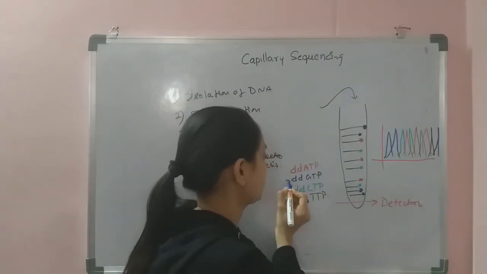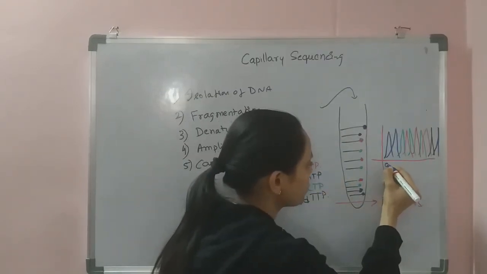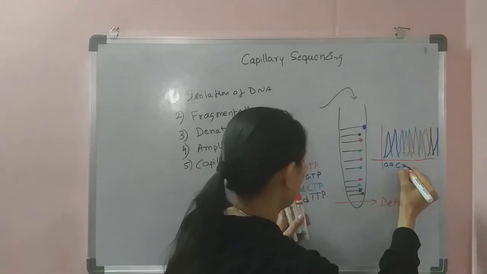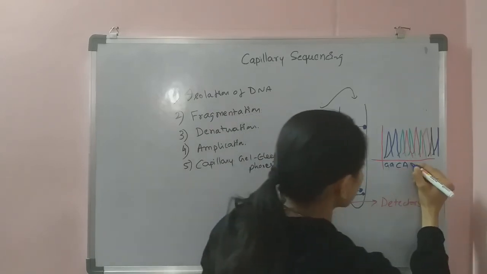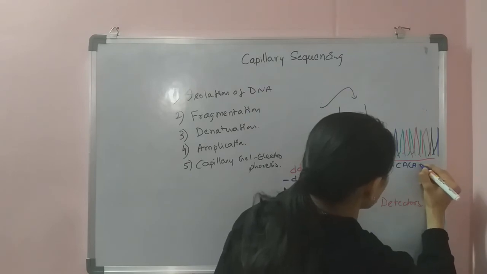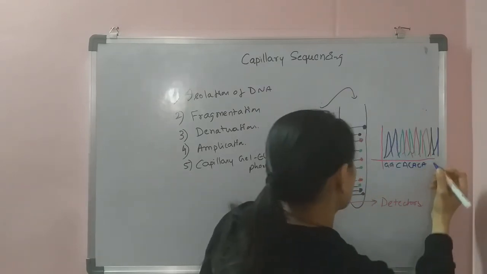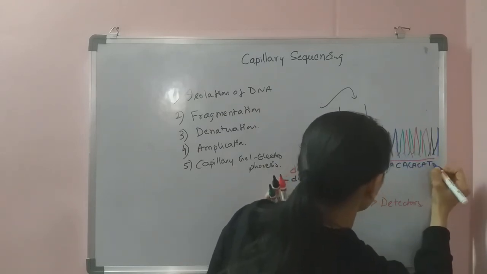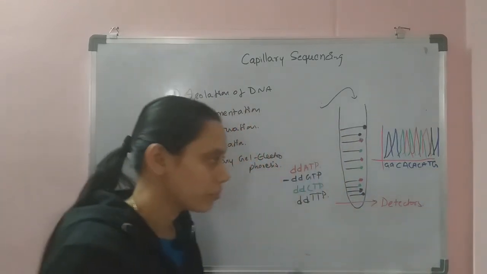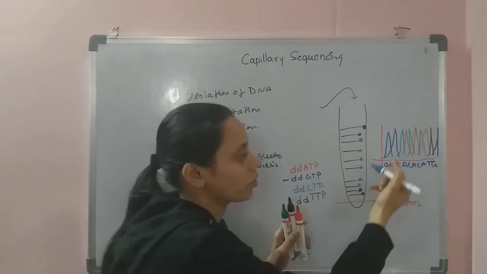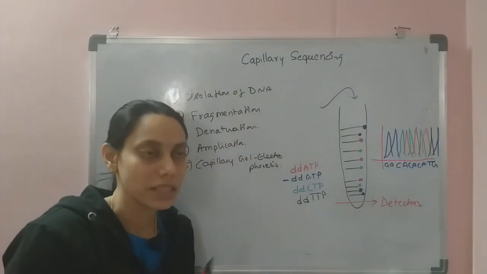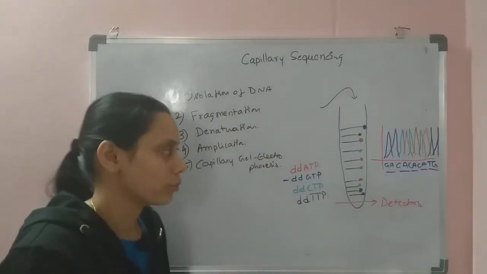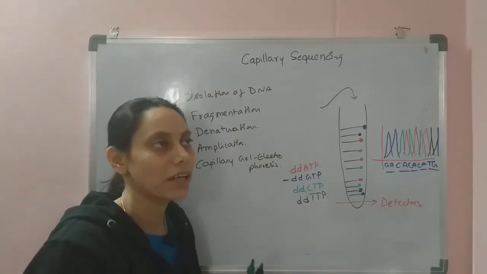This blue color codes for ddGTP, so 2 G's are there, and this green indicates C, red indicates A, C, A, C, A, C, A, and black indicates T, blue indicates G. So if we have a signal and graph like this, the possible sequence may be GG, CA, CA, CA, TG. That is how capillary DNA sequencing actually works.